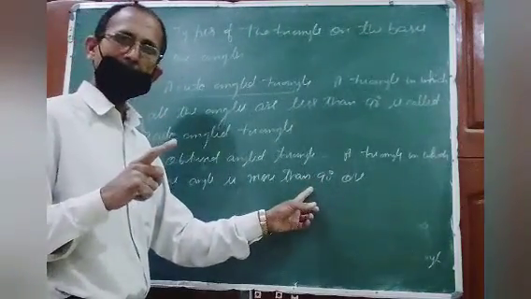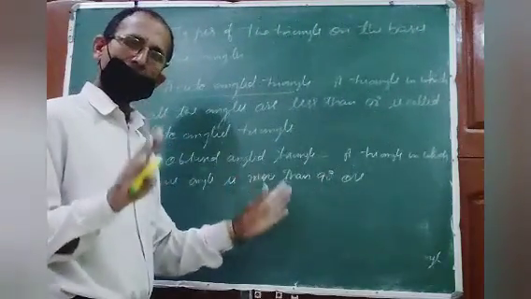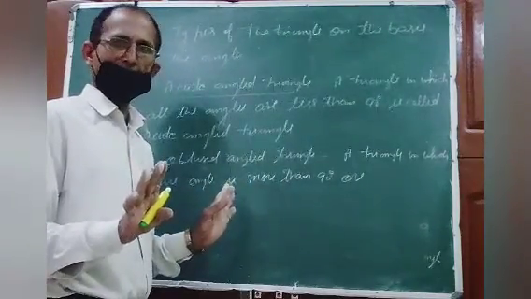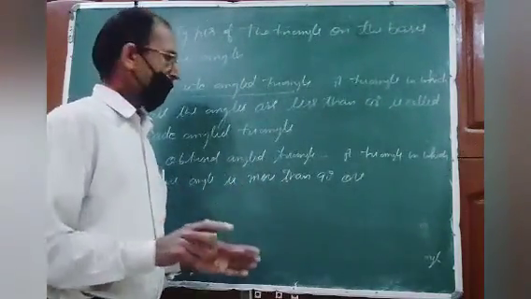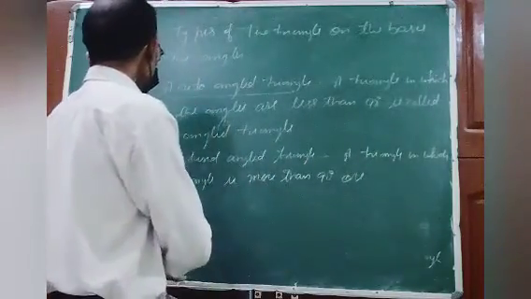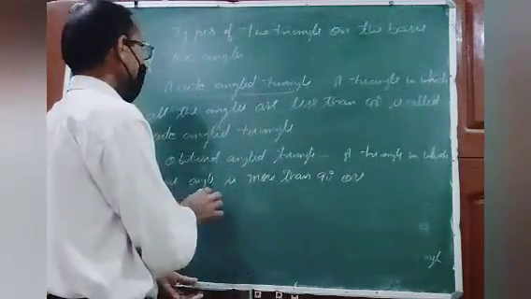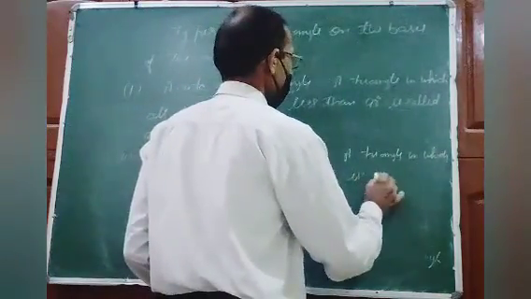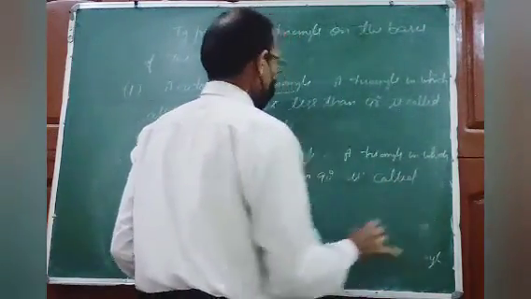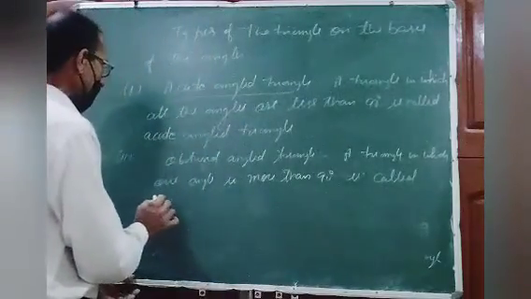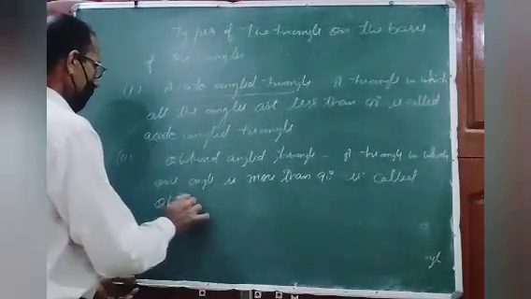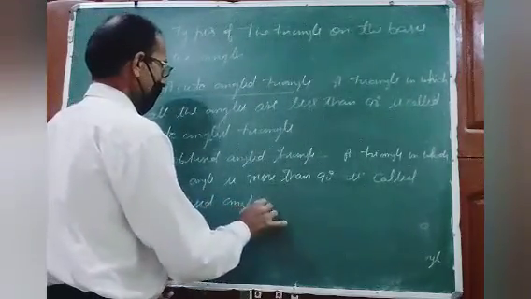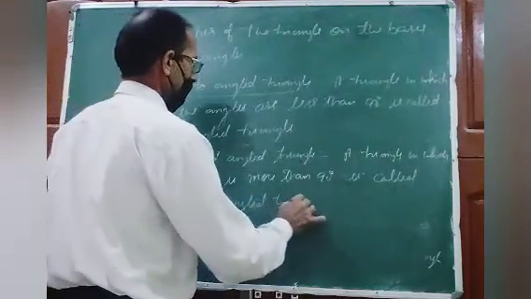So one angle is more than 90 degree, so automatically the remaining two angles will be smaller than 90. Yes or no? So a triangle in which one angle is more than 90 degree is called an obtuse angle triangle.